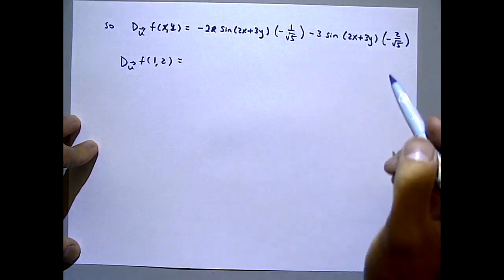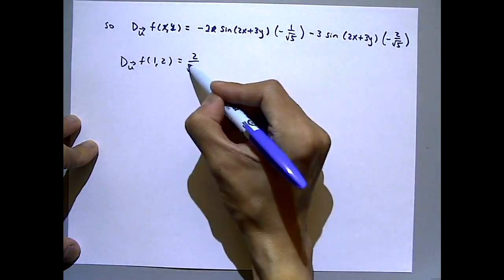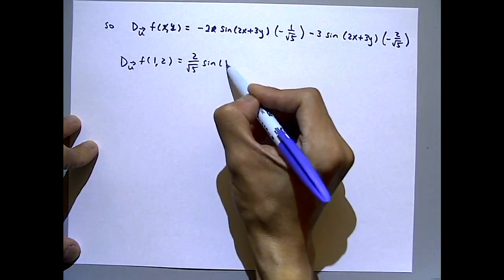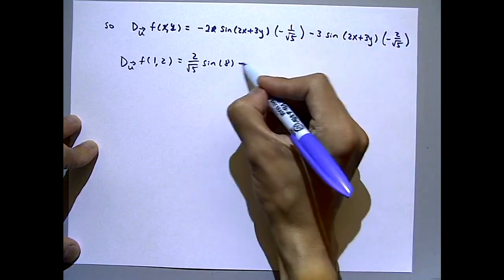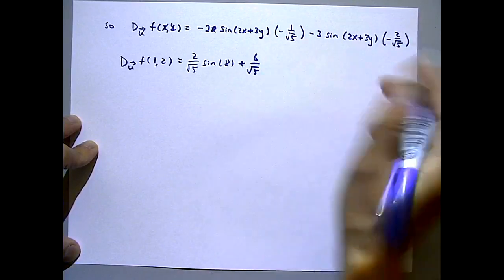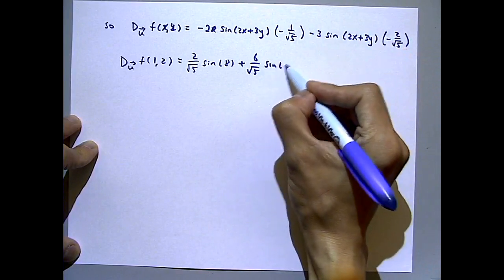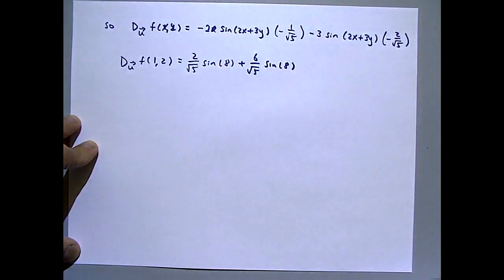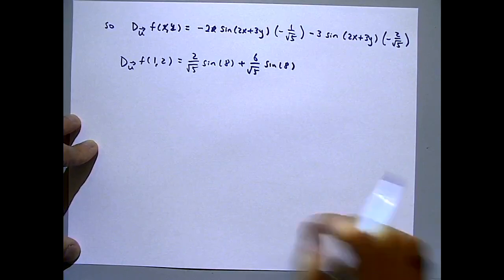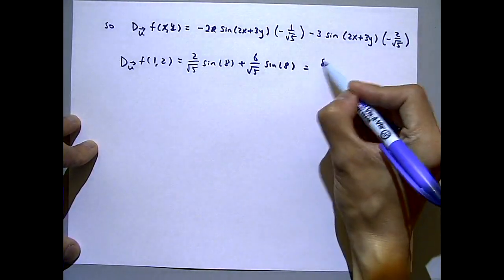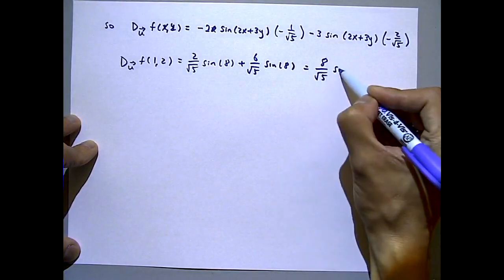So 2 over radical 5 sine of 8 plus 6 over radical 5 sine of 8. So this is what? 8 over radical 5 sine of 8.